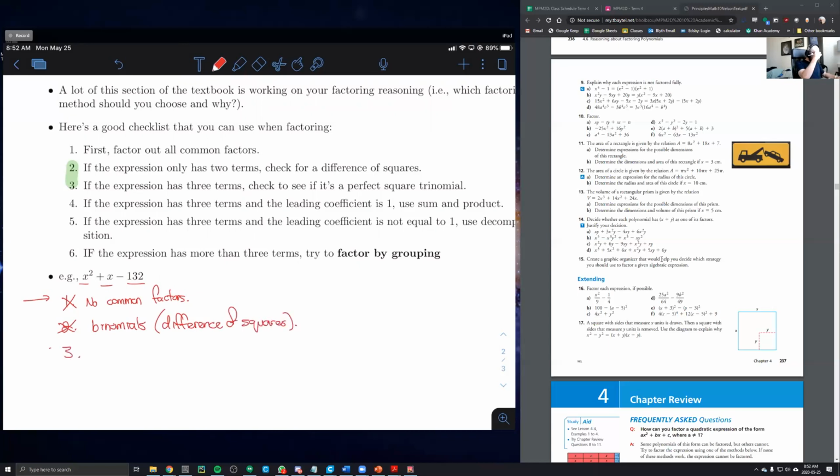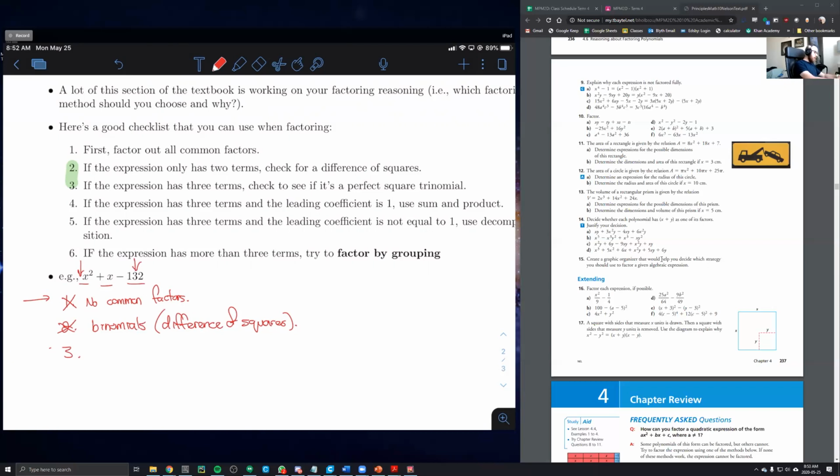Step 3, we should check to see if we have a perfect square trinomial. As we saw on Thursday, we have a little bit of a shortcut for perfect square trinomials. In order to check whether or not we do, we're looking at the first, or leading, coefficient as well as the last coefficient, and checking whether those are perfect squares.